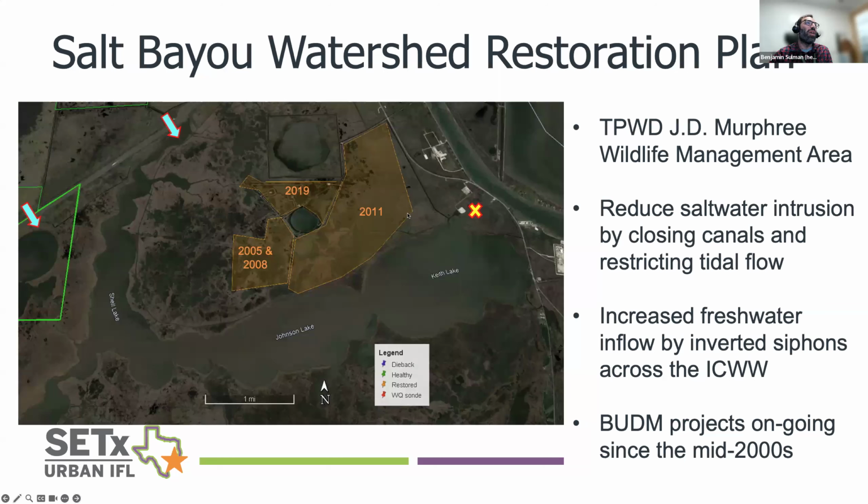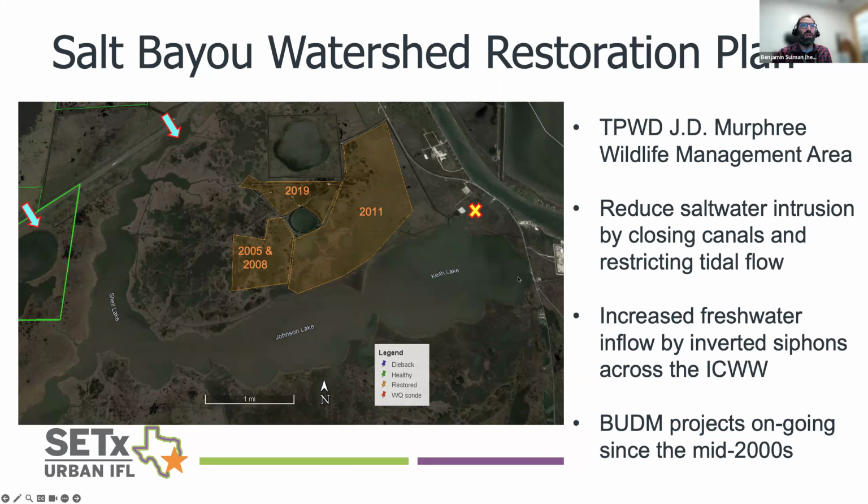This Salt Bayou area, a lot of it is managed by Texas Parks and Wildlife as part of a wildlife management area. And so there's been some specific hydrological management changes going on to try to reduce the degradation of this area. There have been hydrological changes to reduce saltwater intrusion and increase freshwater inflow to counteract some of the historical canal development and water redirection related to some pretty large shipping channels around here.